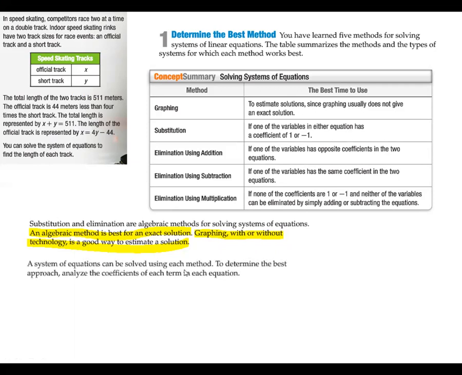A system of equations can be solved using each method. To determine the best approach, analyze the coefficients of each term in each equation. So what's the best method for this one? And then we're going to solve the system. Well, what do you think? You have 4x minus 4y equals 8 and negative x plus 4y equals 19. To determine the best method, look closely at the coefficients. Neither the coefficients of x nor y are the same or additive inverses.